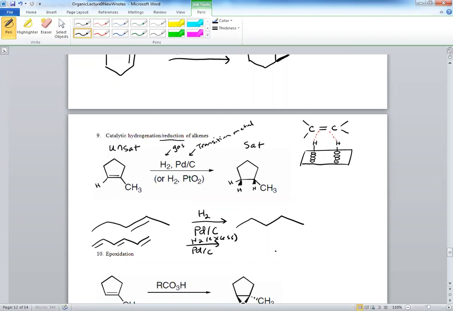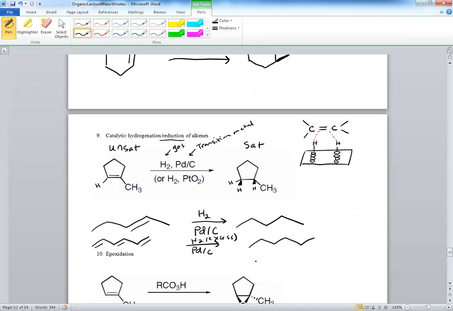I'll say in excess, then once again, you have no more double bonds attached. They were all reduced or they became polyunsaturated to all saturated.